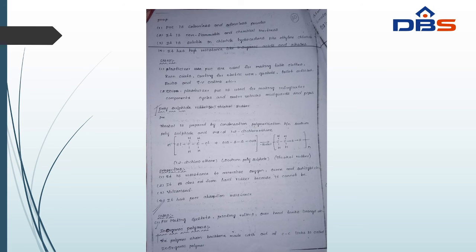Plasticized PVC is used for making tablecloths, raincoats, coating for articles, wires, gaskets, toilet articles, radio and TV cabinets, etc. And non-plasticized PVC is used for making refrigerator components, cycle and motor vehicle mudguards, and pipes, etc. Today the most useful are PVC pipes.